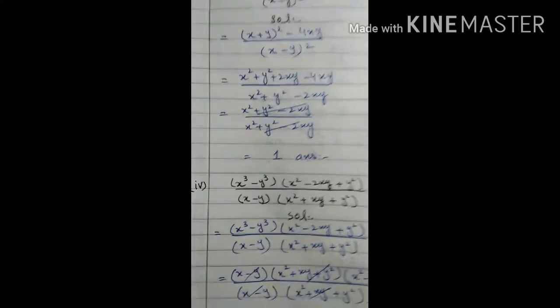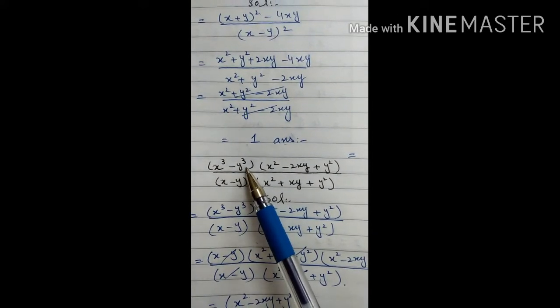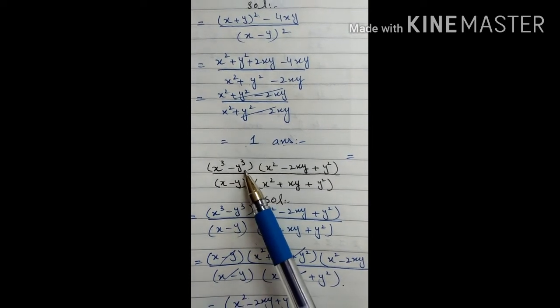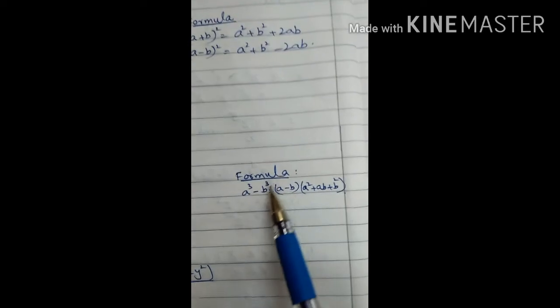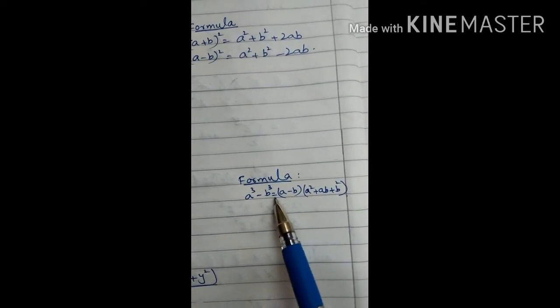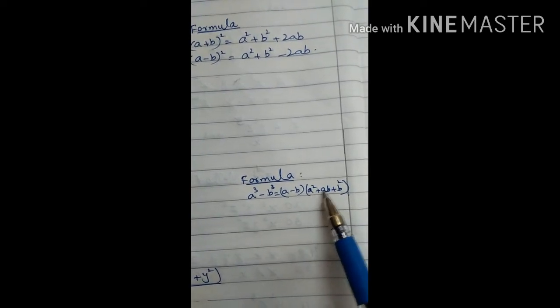Next part is part 4, that is x cube minus y cube. Now another formula, x cube minus y cube. The formula is a cube minus b cube is equal to (a minus b)(a square plus ab plus b square).